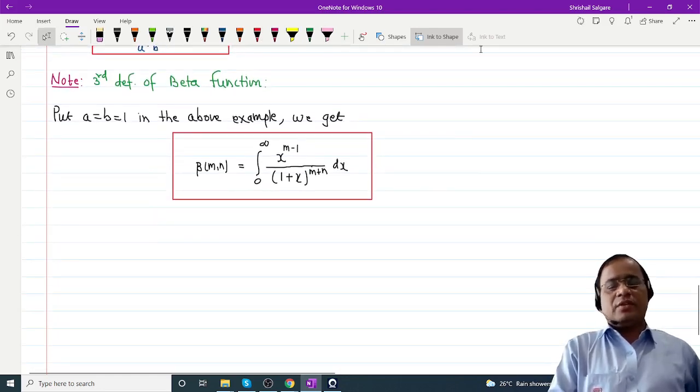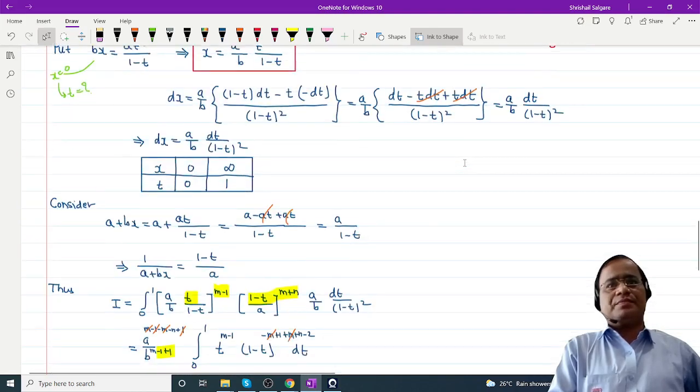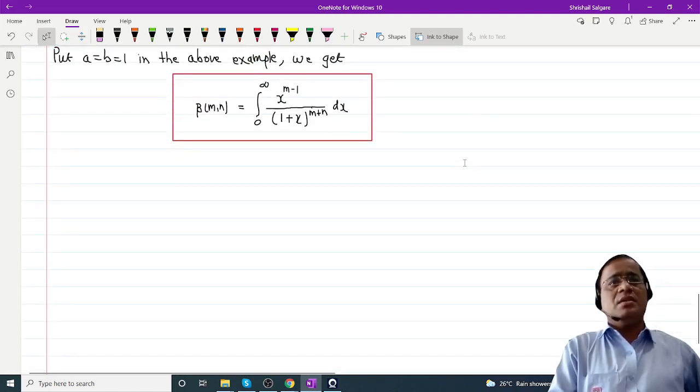Okay. So next example, I think third or fourth, fifth example. So one example I will take of this type.